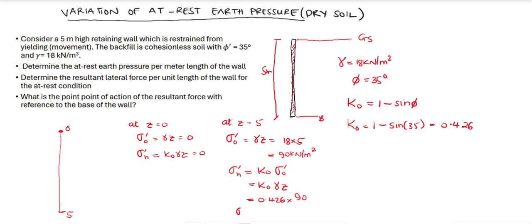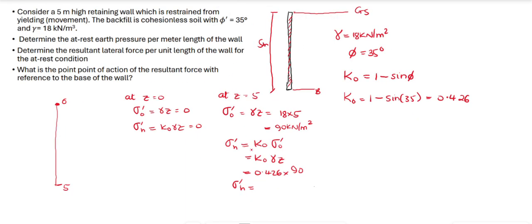And so our at rest earth pressure is going to be 38.34 kilonewton per meter squared. So this is going to be the at rest pressure.